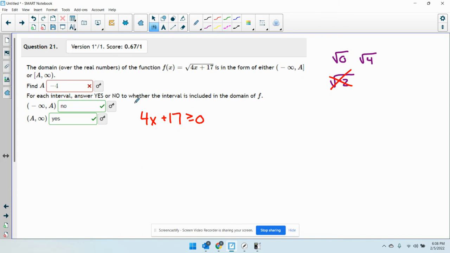So it's just a matter of solving this for x. If I subtract 17 from both sides, I got 4x is greater than or equal to negative 17. Divide by 4. Divide by 4. So you get x has to be greater than or equal to negative 17 over 4, or x has to be greater than or equal to negative 4.25, sorry.